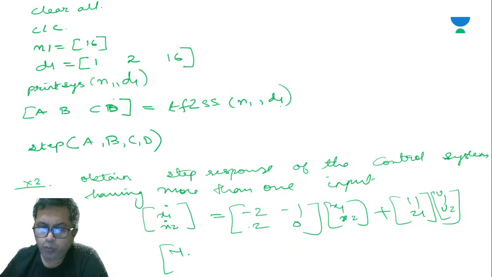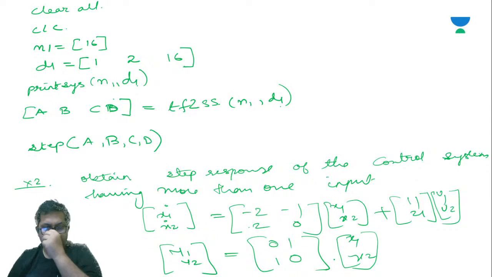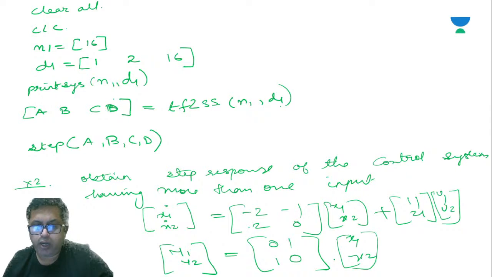The output matrix is equal to [0 1; 1 0] times x1 x2. In this way you can write down the answer.